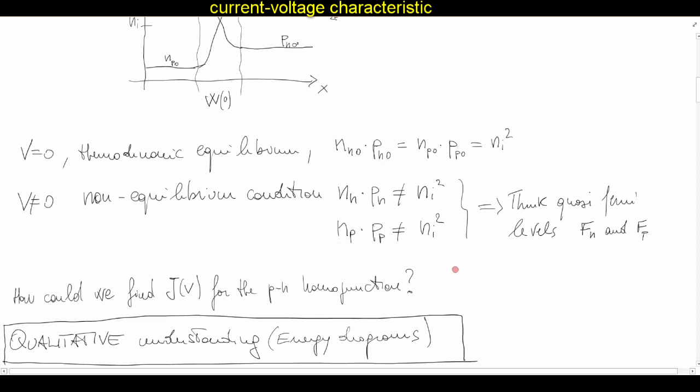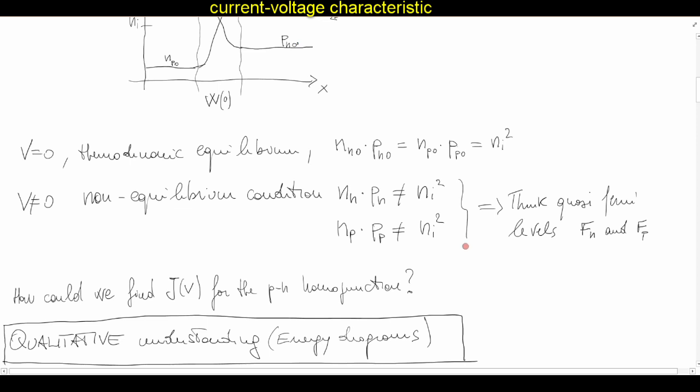And remember, this is the non-equilibrium situation. What we did when we talked about non-equilibrium carrier density, and that's what we will briefly mention later on the quantitative part, is that when I have non-equilibrium, I immediately think of quasi-Fermi levels that we indicate with Fn and Fp in our notes.